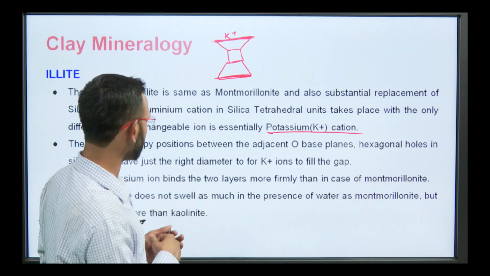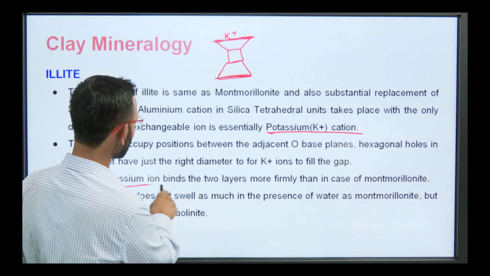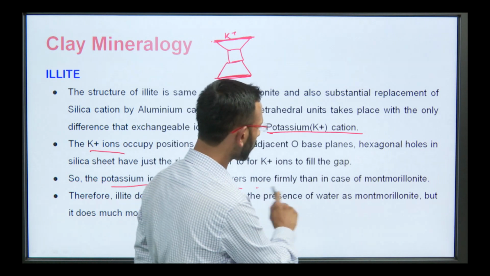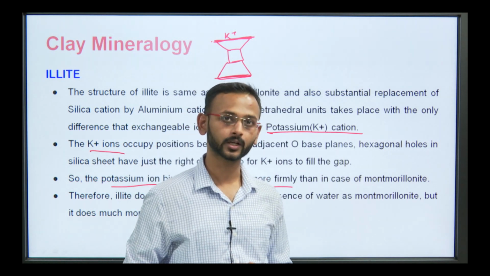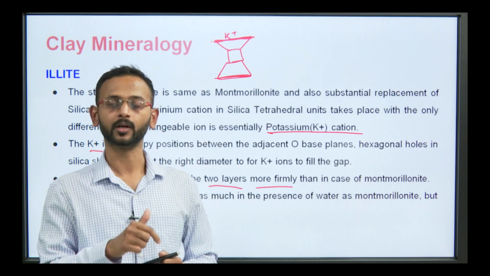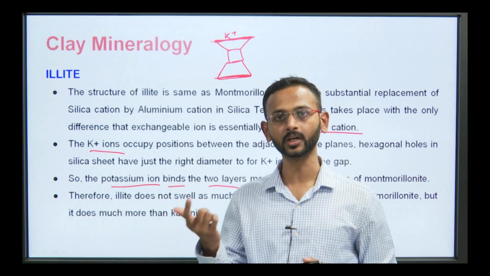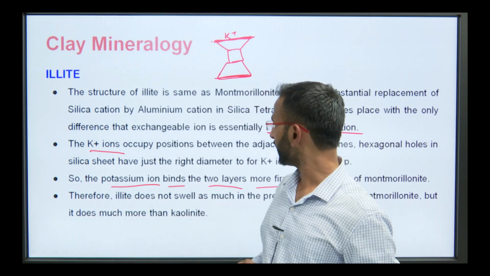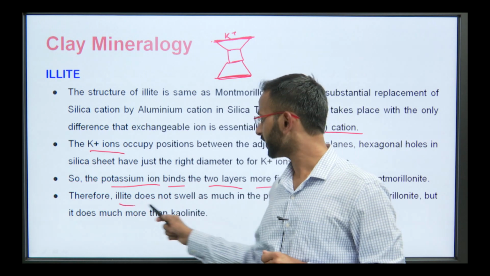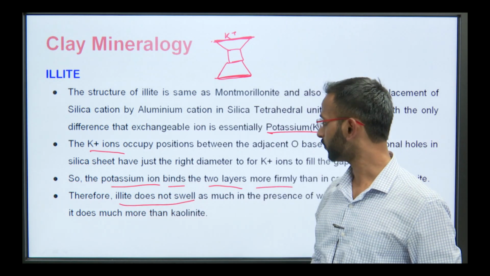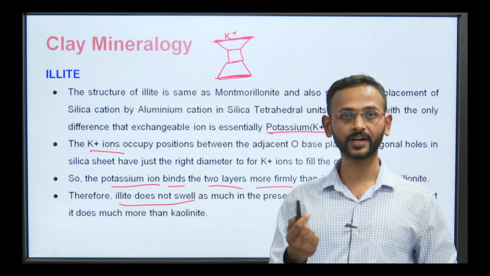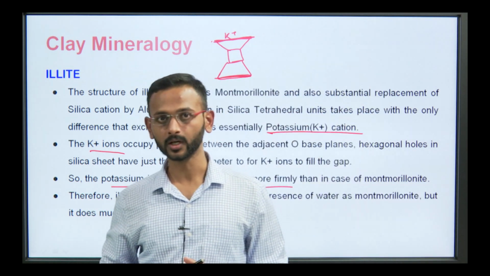In that case we understand that the potassium ion binds the two layers more firmly than in montmorillonite, because it is just the right fit here, but in montmorillonite it was not the case. Illite does not swell as much as montmorillonite in the presence of water, but it swells much more than kaolinite.